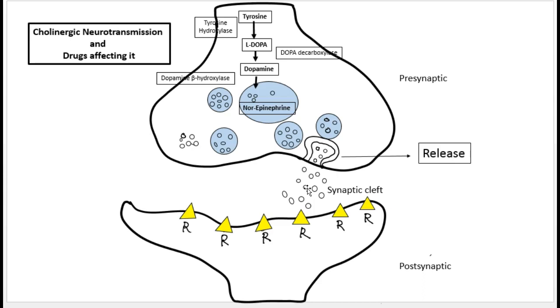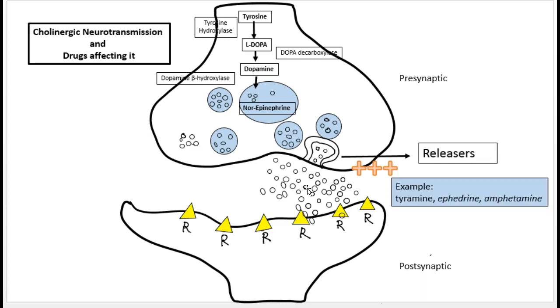Now there are drugs which can increase the release of these neurotransmitters from the vesicles. It's like they squeeze the vesicles to release a lot of neurotransmitters. The term I would like to give for these drugs is releasers. Basically the releasers increase the release of neurotransmitters.